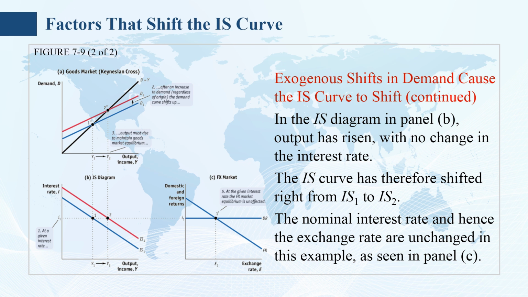A change in the home or foreign price level. If prices are flexible, then a rise in foreign prices or a fall in domestic prices causes a home real depreciation, raising Q equals E times P star bar divided by P bar.